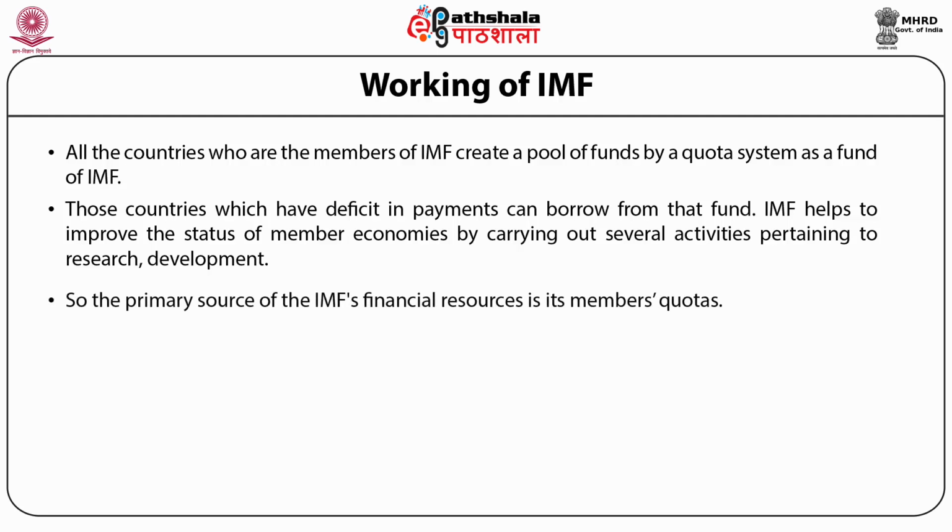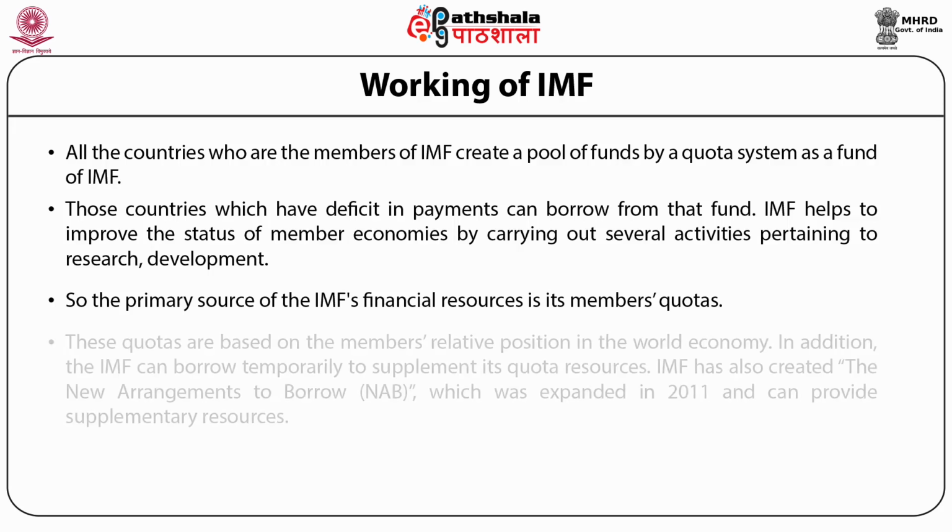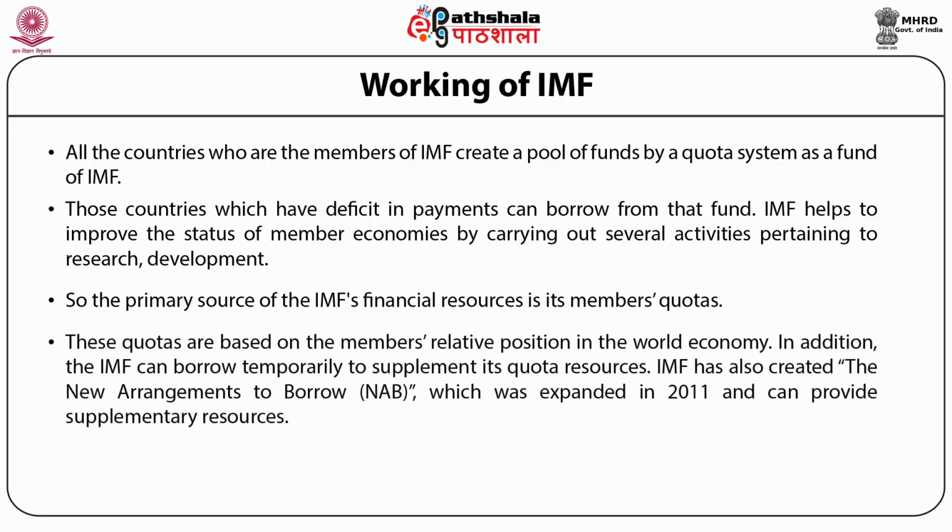So the primary source of the IMF's financial resources is its members' quotas. These quotas are based on the members' relative position in the world economy. In addition, the IMF can borrow temporarily to supplement its quota resources.